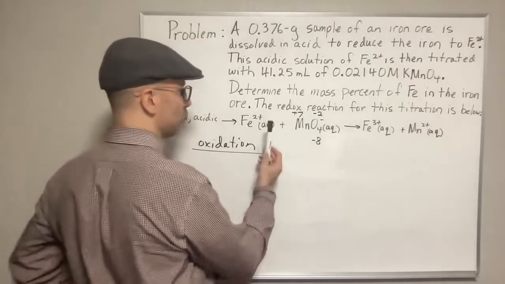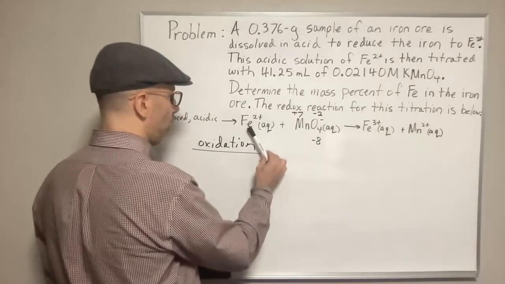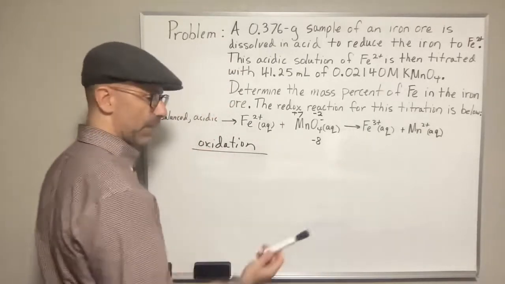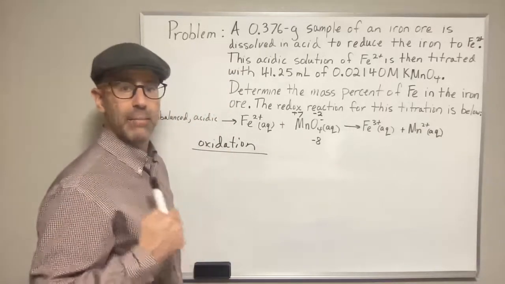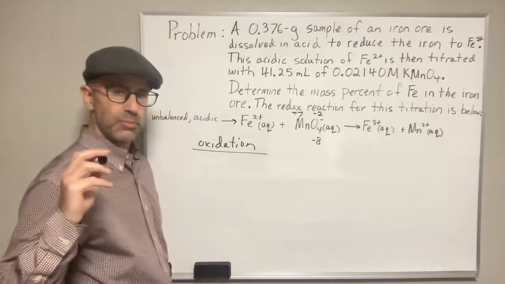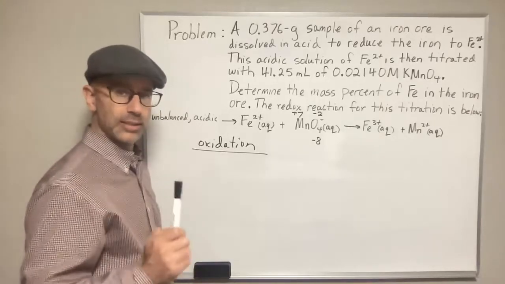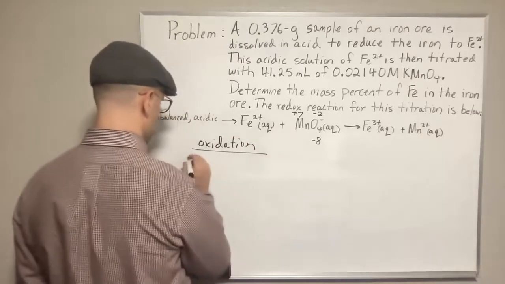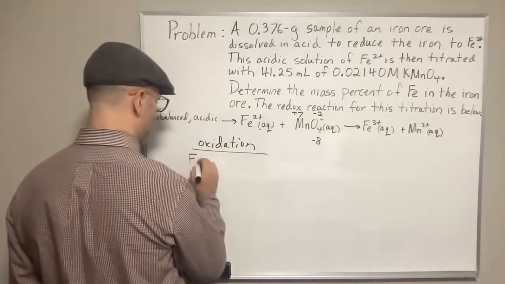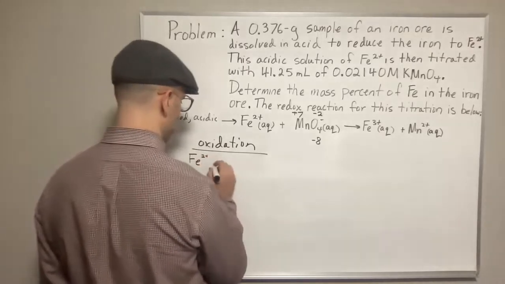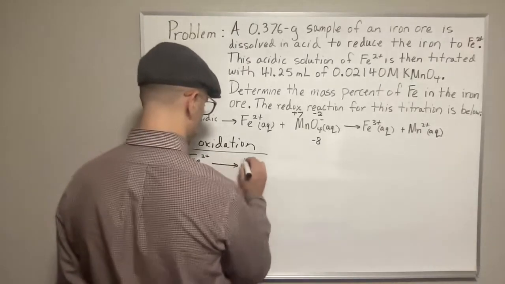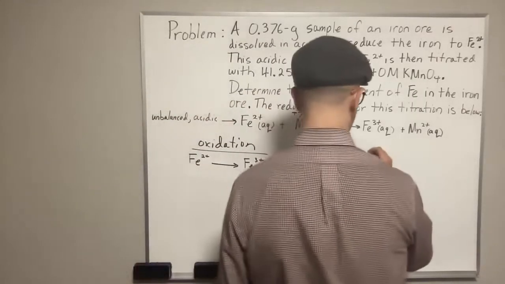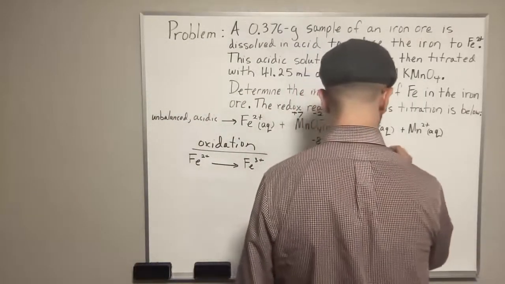Iron goes from 2+ to 3+. It became more positive, which means that it lost electrons, so it underwent oxidation. So here we're going to write that half reaction: Fe2+ goes to Fe3+.